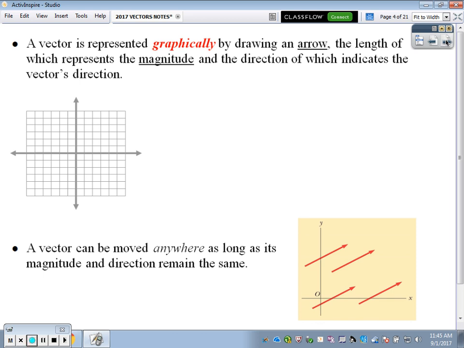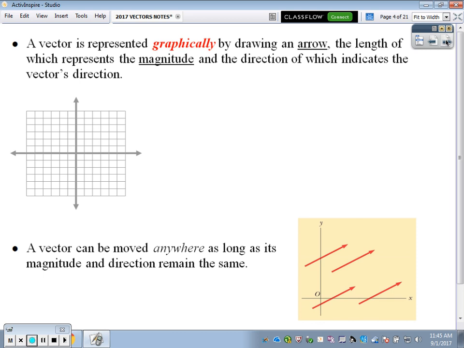How are you going to represent a vector graphically? And this is something that we'll need to do and need to do relatively well. A vector is going to be represented graphically by drawing an arrow. The length of that arrow is going to represent the magnitude. So let's say we have two vector quantities, and let's use force as an example. Force is any push or pull on an object.